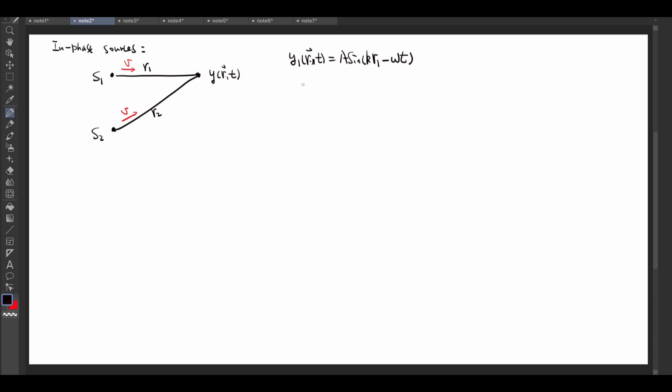And that's it. Okay. And y2 is given by a sine (k R2 minus omega t).